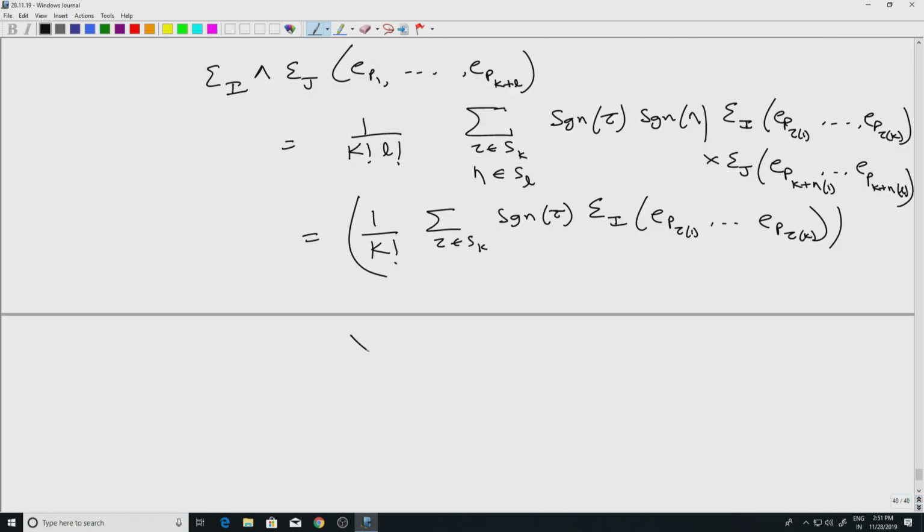and the other one is 1 over L factorial, summation over eta in SL, sign eta, epsilon j, E p k plus eta 1, etc. Oh, not tau, it's now eta.